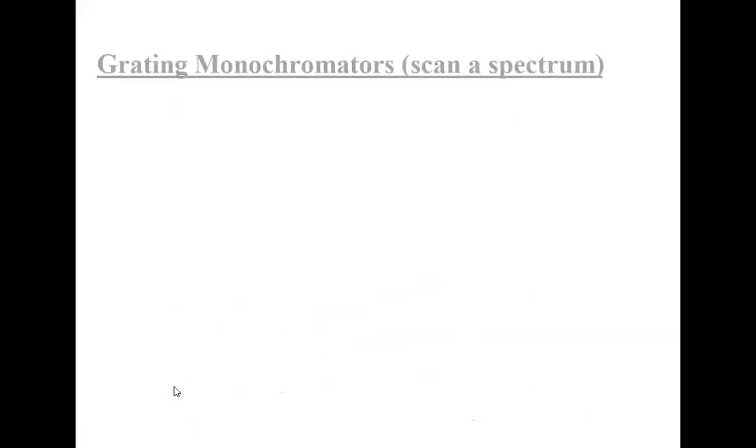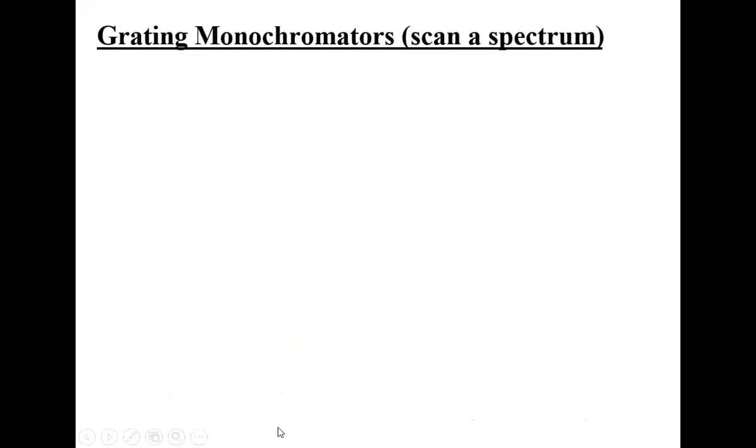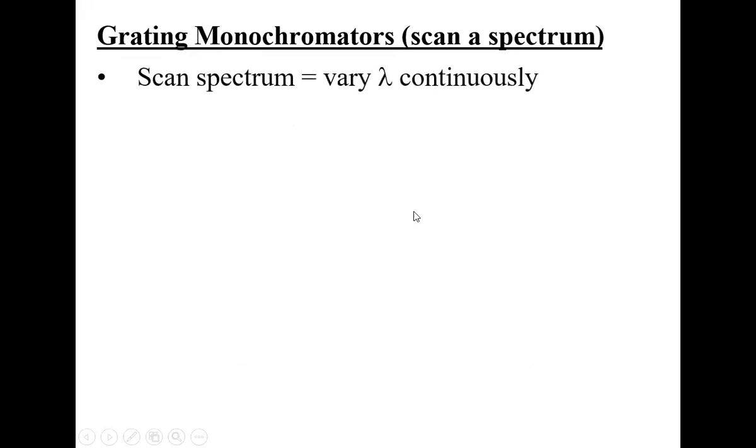The details now. Okay? So the grating monochromator has a diffraction grating. Notice what it does. It scans a spectrum, which means to scan a spectrum you vary the wavelengths continuously.